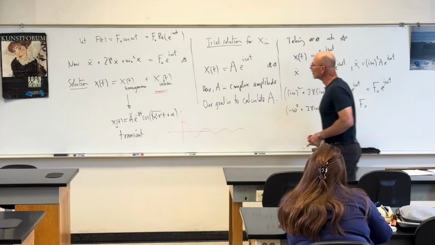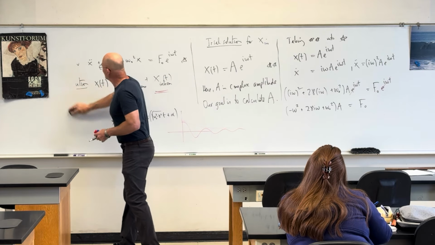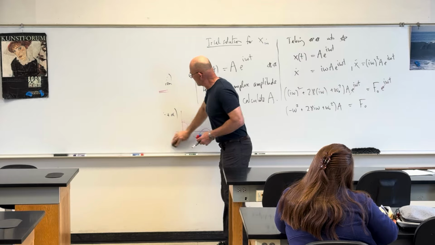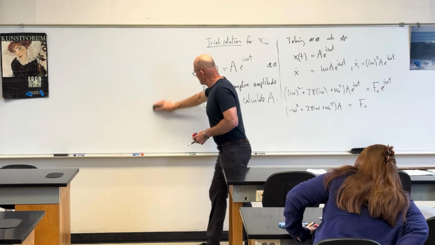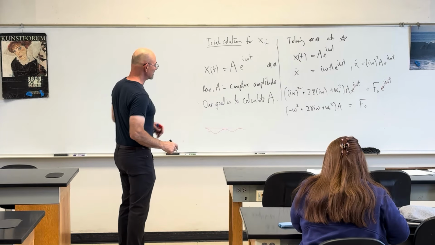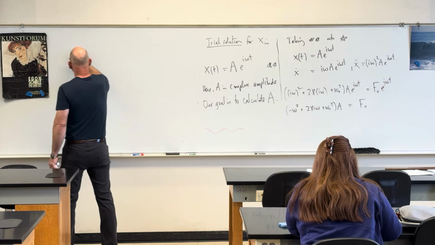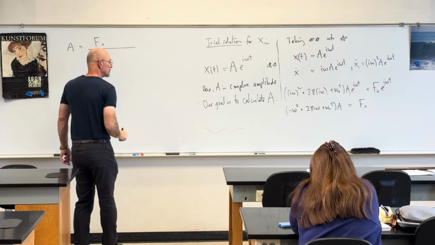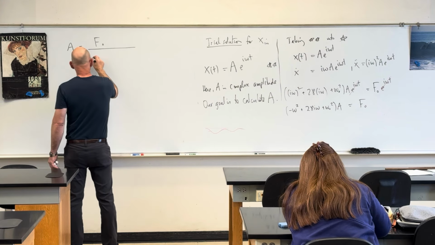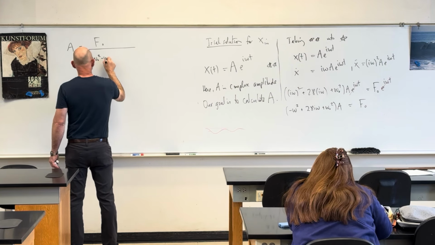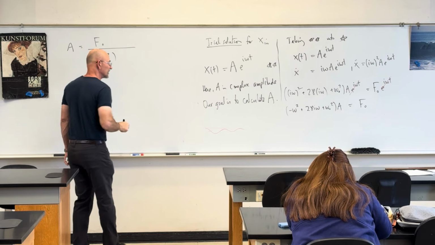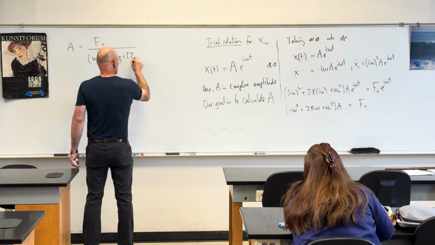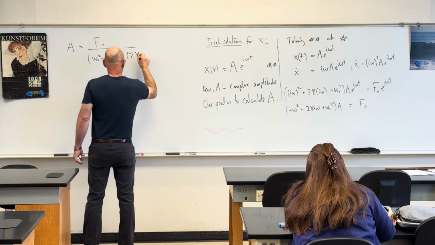Let's go use the board over here. All the practice we've been getting with complex numbers comes in handy. So we have the amplitude, F naught divided by, let's write it this way, omega naught squared minus omega squared, put that in parentheses, plus i times 2 gamma omega.